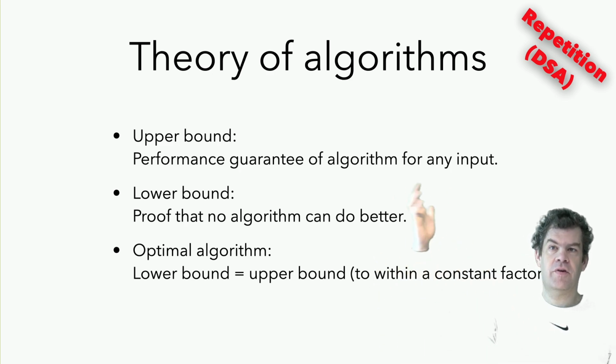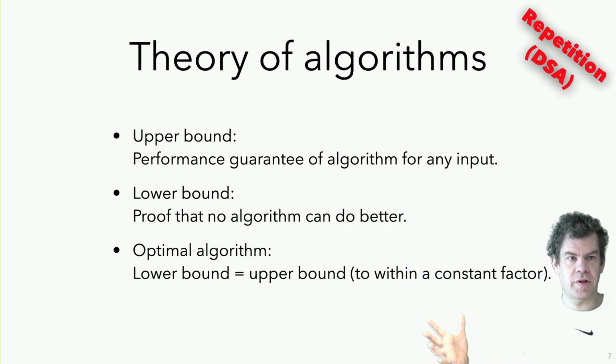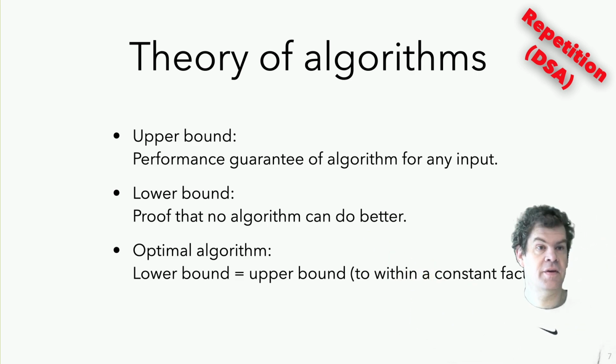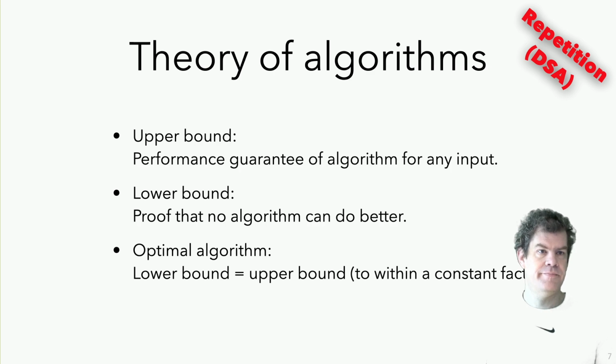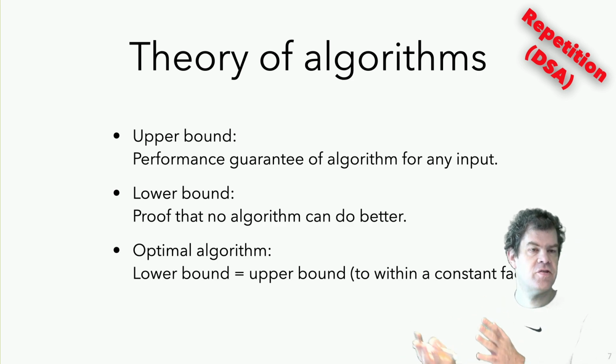So if you're given a problem, say sorting, you're supposed to sort a list, and you present an approach, say bubble sort, to choose something dumb, you can say bubble sort takes n squared time, with n being the length of the list. Then the sorting problem cannot be harder than n squared because I've just shown that I can solve it. So this is an upper bound.